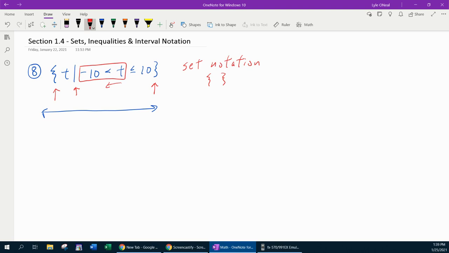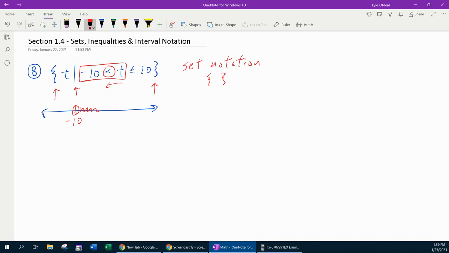So we would go to our number line at negative 10. Since it's strictly greater than, we have an open circle, and we're going to shade to the right.